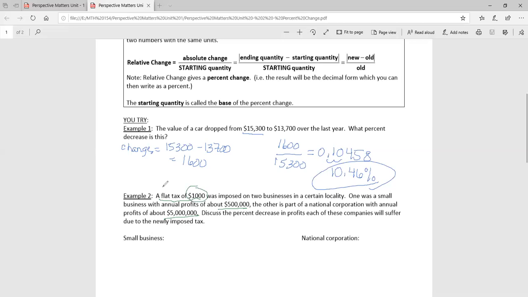Whatever they made last year, now they make 1,000 less of those annual profits because of the tax. So for both of these, that 1,000 is the absolute change. So I'm going to put that at the top. Then we need to figure out what the starting quantity was. And that was how much they made before. So they made 500,000, assuming all of that stays the same.